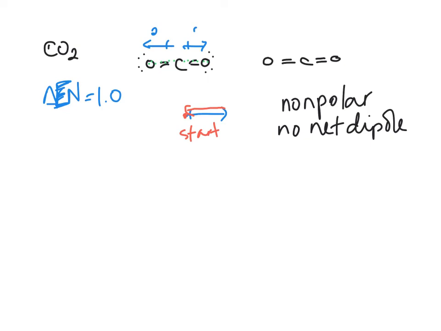So ammonia had polar covalent bonds and ended up with a net dipole, so it's polar. Carbon dioxide had polar covalent bonds, but they canceled. So it's nonpolar overall. Okay, carbon tetrafluoride. So our Lewis structure would look like this.